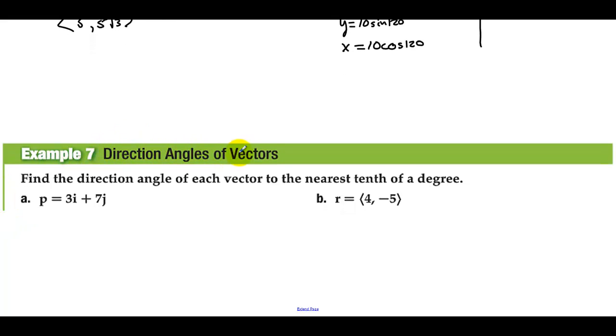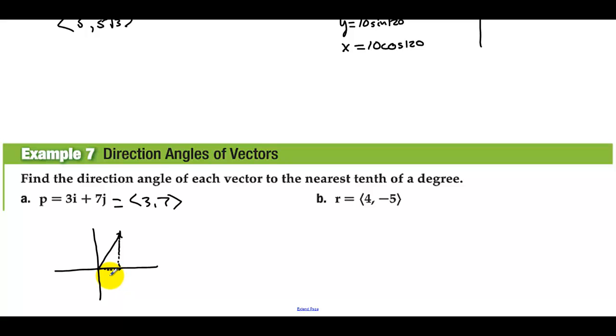Example 7, direction angles of vectors. Find the direction angle of each vector to the nearest tenth of a degree. This vector here, p, which is 3i plus 7j, can be written as 3, 7. And if we put that vector in standard form, we start at the origin and we go over 3 and we go up 7. So here's the vector right here.